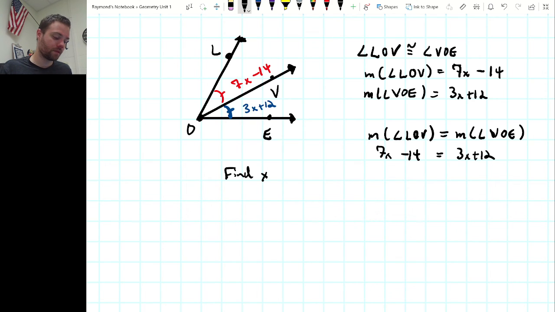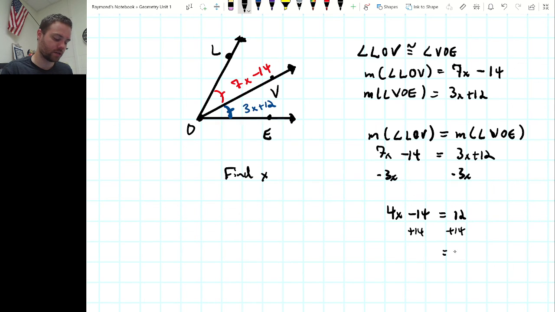Okay? So if this is the case, it just boils down to an algebraic expression. I'm going to solve this for x, so I can subtract 3x from both sides of the equation. So I get 4x minus 14 equals 12. And then I can add 14 to both sides of that equation.